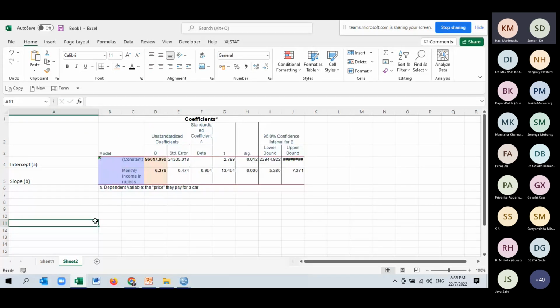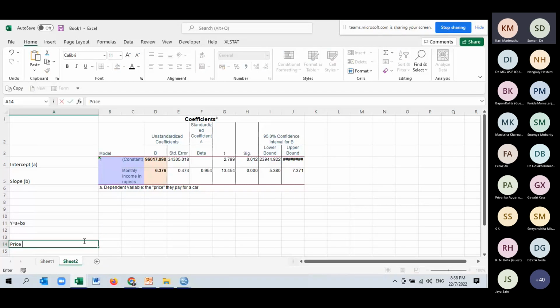Y equal to A plus Bx. So, shall we go for it? Price equal to A plus B, bracket income.